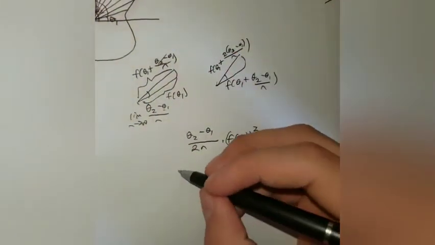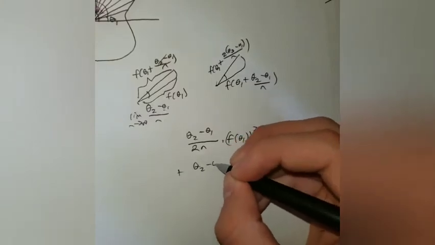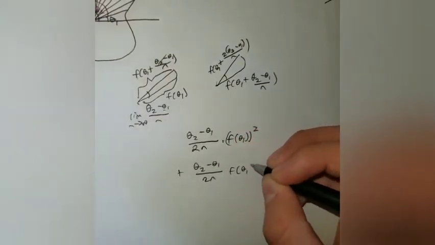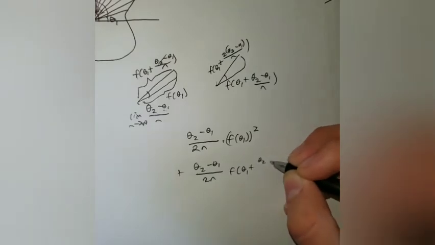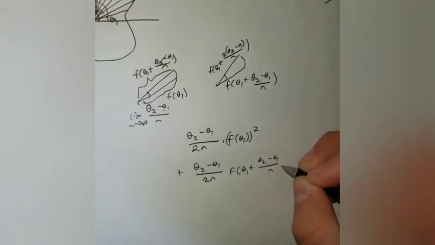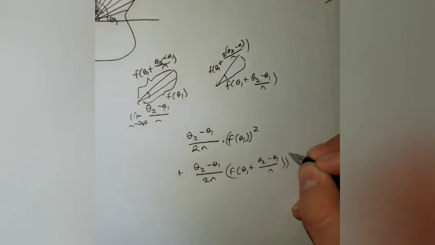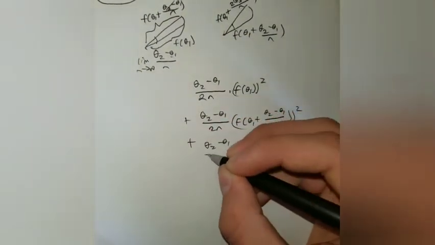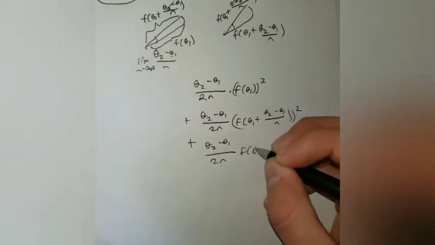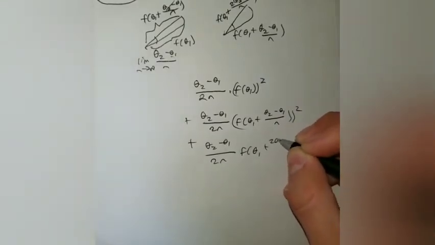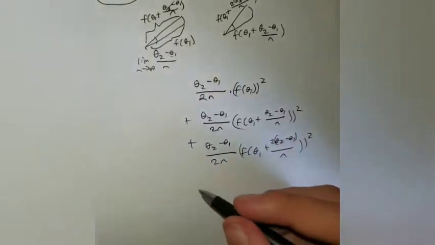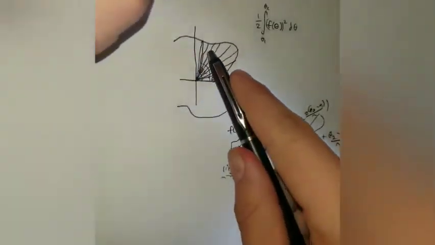The area of this is theta 2 minus theta 1 over 2n times f of theta 1 plus theta 2 minus theta 1 over n, squared, plus theta 2 minus theta 1 over 2n times f of theta 1 plus 2 times theta 2 minus theta 1 over n, squared, and so on all the way up to the nth piece.